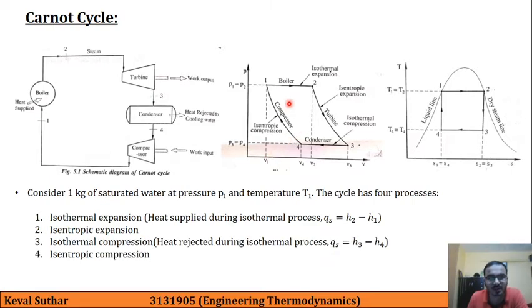First is isothermal expansion, which happens in the boiler. Second is isentropic expansion, that is in the turbine. Then again isothermal compression in the condenser, and the last one is isentropic compression in the compressor.